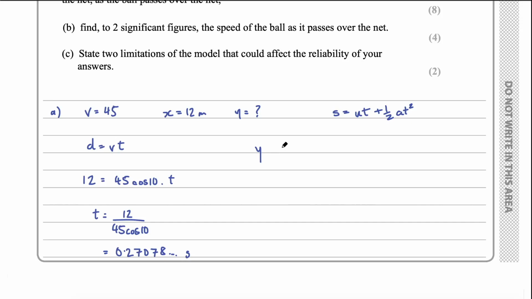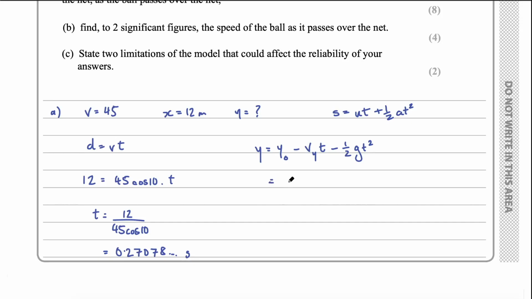So after it's traveled 12 meters horizontally, the height of the ball will be y, and then this equals the initial height, let's call that y0, plus these things. Now actually, the initial vertical velocity was acting towards the ground, so we could make that a negative velocity. We said was vy times t, and then the acceleration is also acting in the negative direction, so we could say this will be a negative half gt squared.